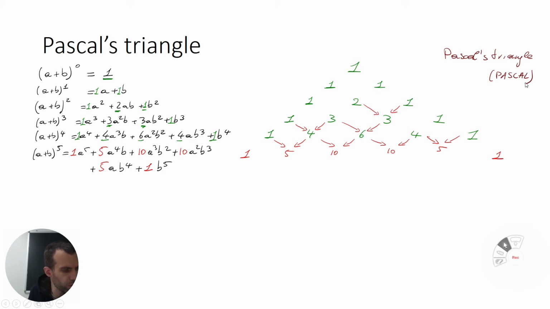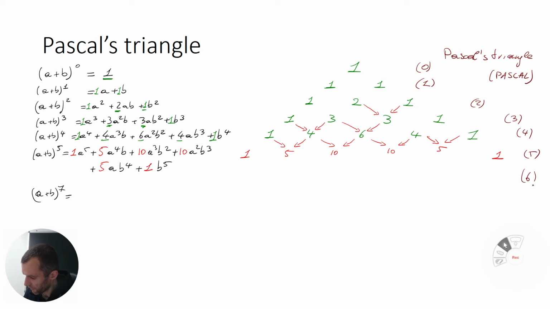So let's, for instance, do a plus b to the power 7. Well, in order to do that, we have to complete 2 more rows in our triangle. And by the way, let me also denote the powers associated to it. So this was what we had for power 0, power 1, 2, 3, 4, 5. And now we're going to need layer 6 and 7 in the triangle.